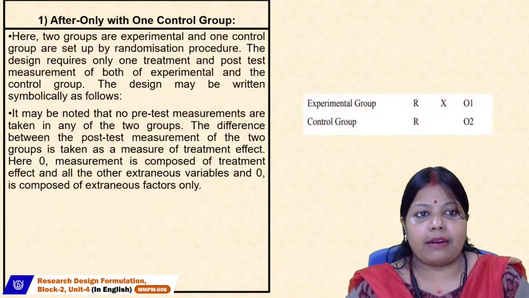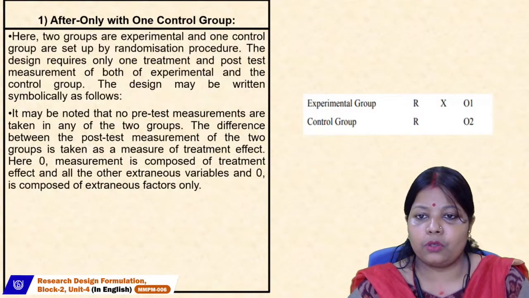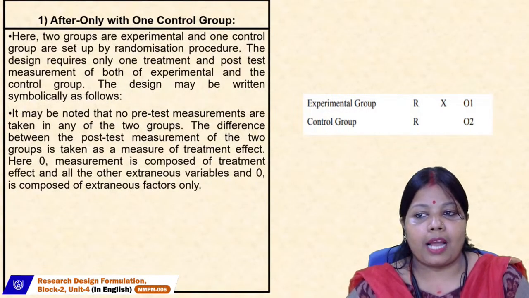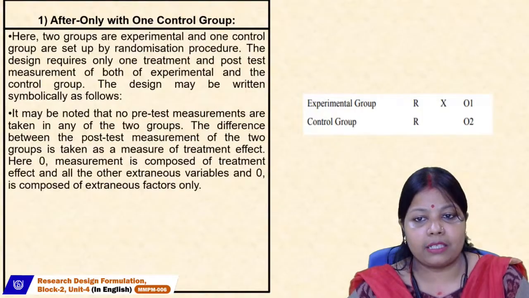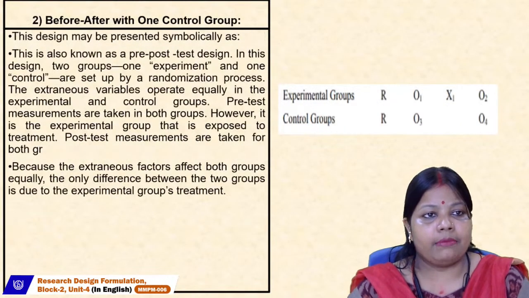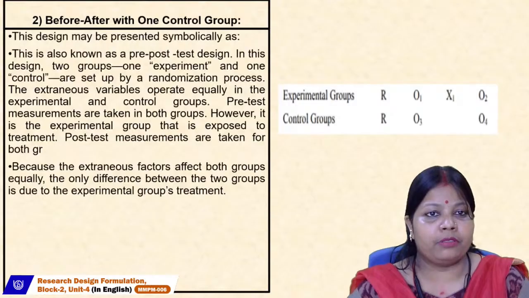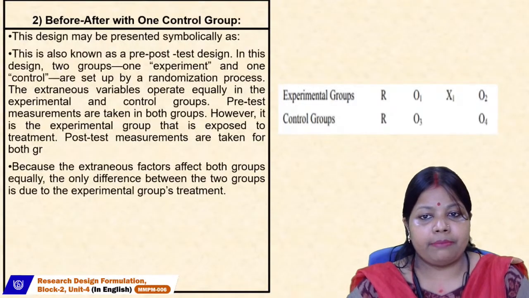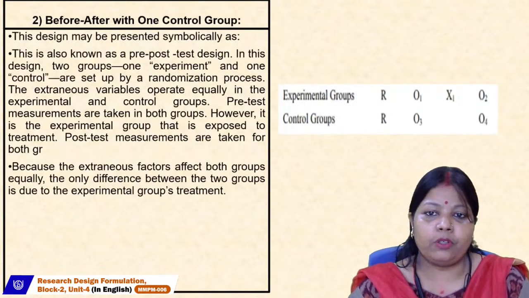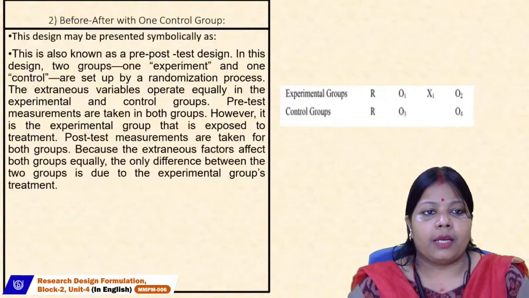We can see here the after only with one control group design, having an experimental group and one control group. The same applies in the before after with one control group design.